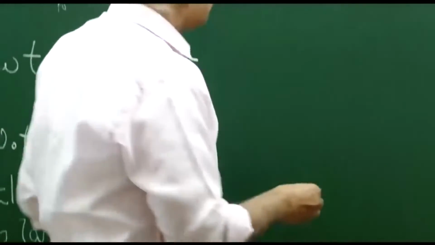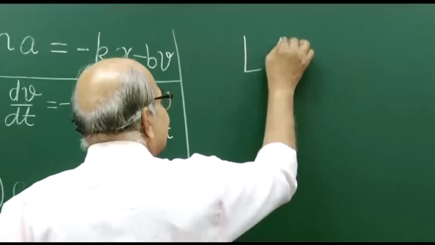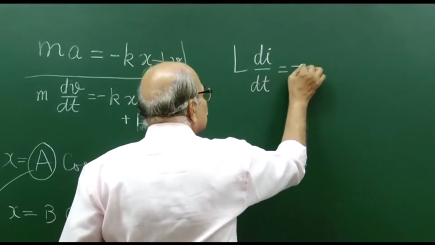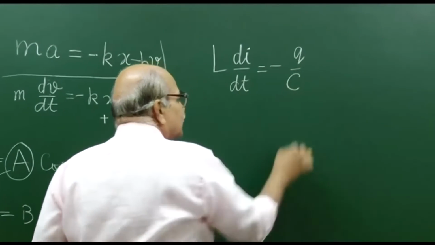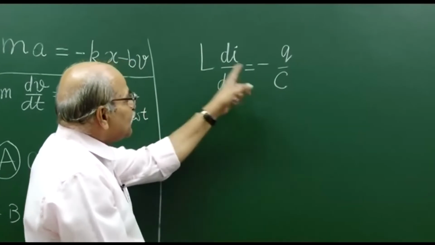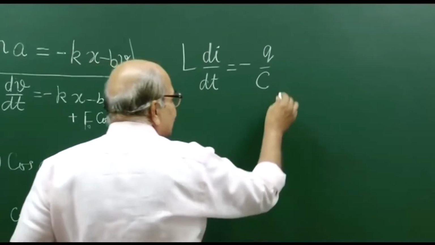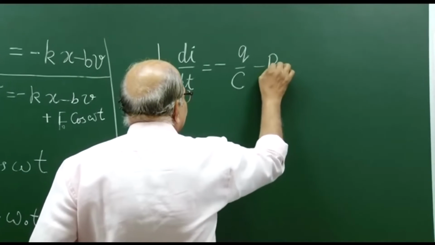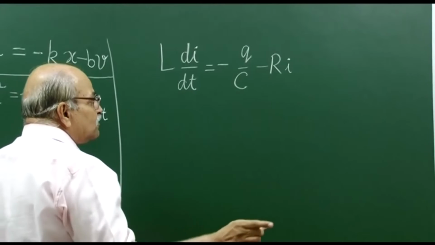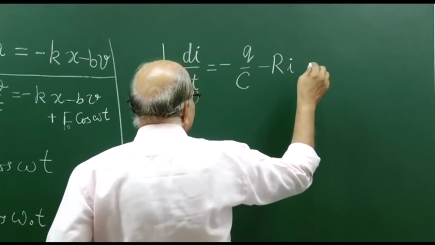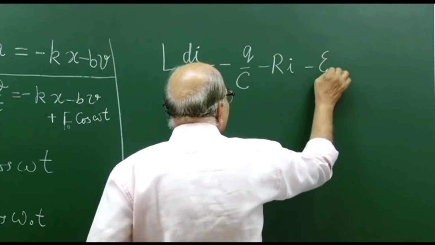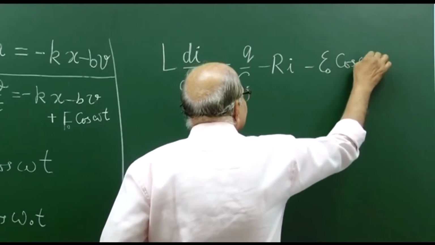The equation will be L di/dt equals minus q by C. This is the basic oscillation system. The natural frequency is decided by L and C, and then you have this damping or dissipative term, R times I, and now you have an extra term, E naught cos omega t.